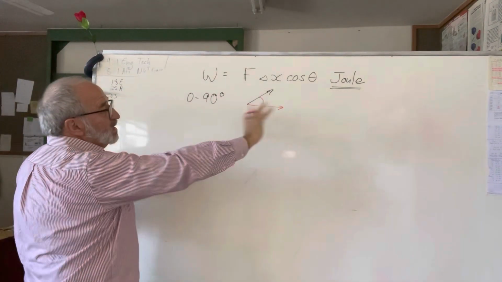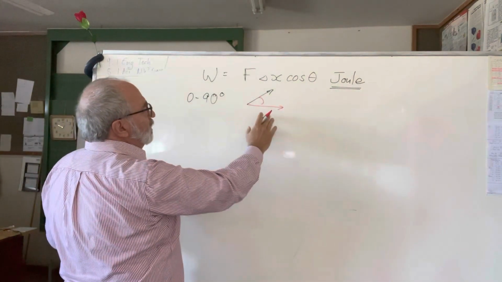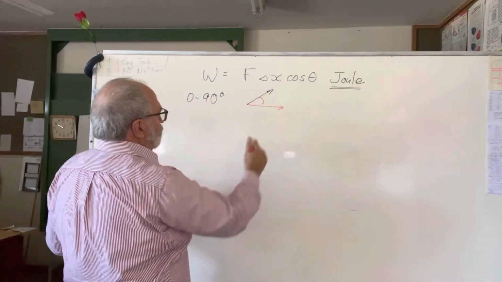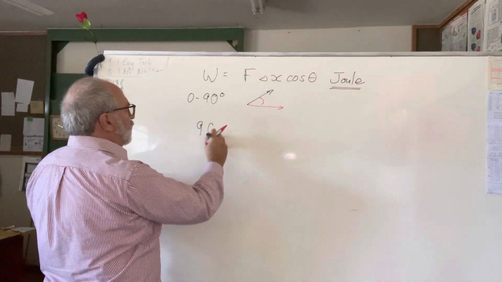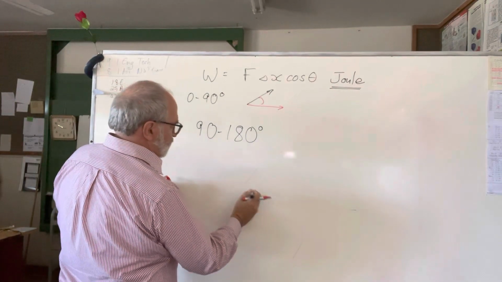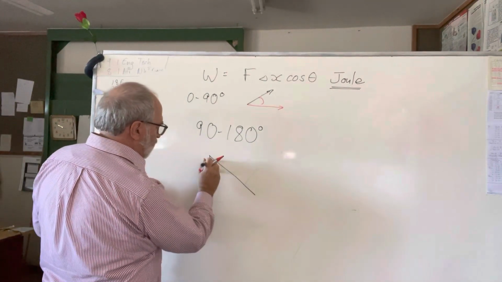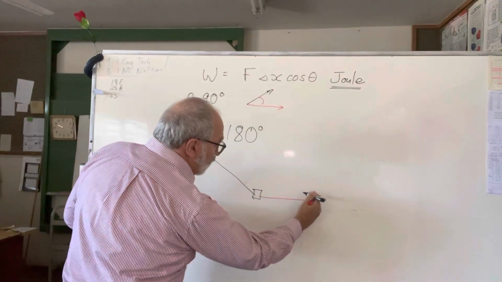So they're pulling in the same direction as the motion. Hy beweeg in dieselfde rigting as die krag. What if the force is between 90 to 180 degrees? As die verplasing nou, as die krag hiernatoe is, hier is ons voorwerp, en hy verplaas in daardie rigting.